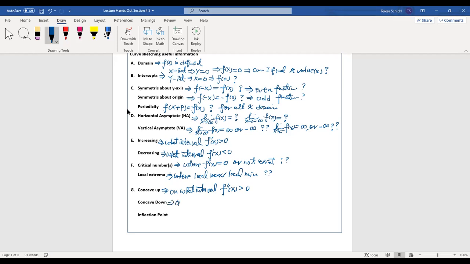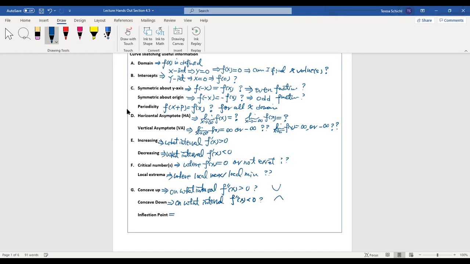Concave down will be on what interval? Then my second derivative is less than 0 here. Do those intervals exist? If they exist, then I need to know whether it is concave up or concave down, so I can bend my curve. If up, you bend like this way, if down, you bend like this way, right?